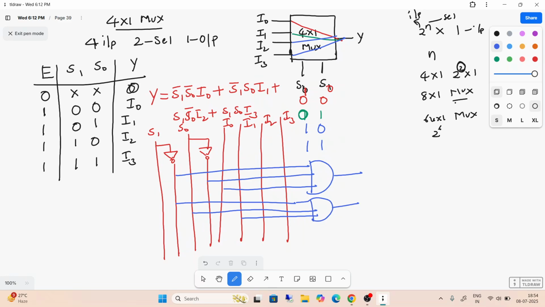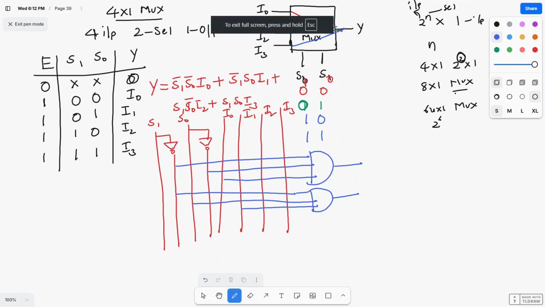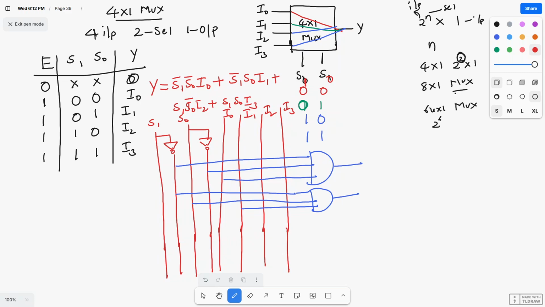Here I am extending S0 bar. So S1, S0 bar, and I2 are connected with an AND gate. And S1, S0, and I3 are connected with an AND gate.